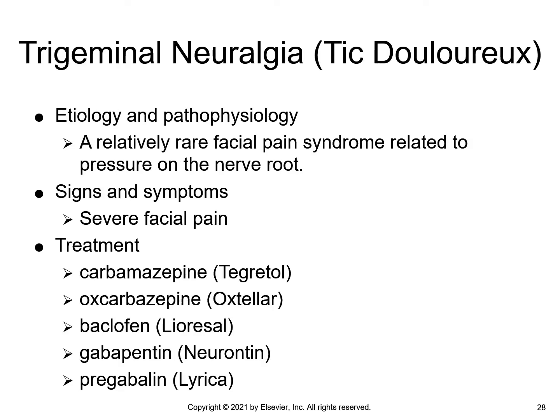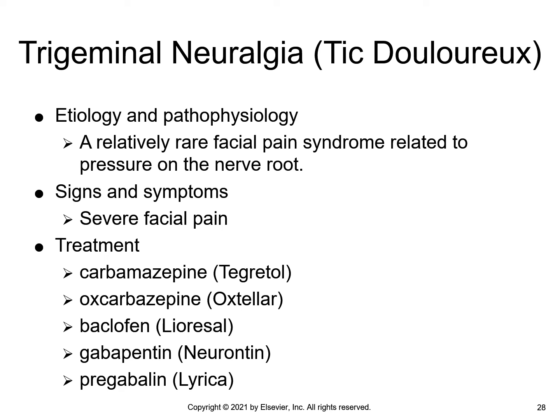Trigeminal neuralgia is a rare facial pain syndrome, and it is caused by pressure on the nerve root. Pain is localized on one side of the face. It rarely is bilateral. It can extend from the midline of the face across the cheek and jaw to the ear.